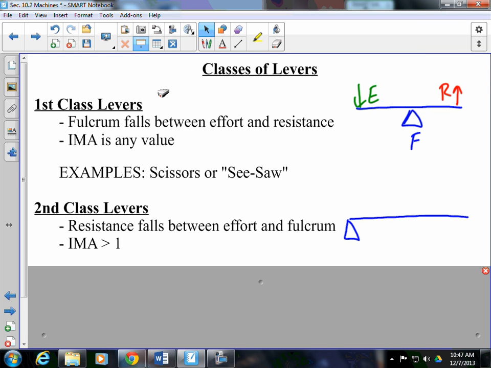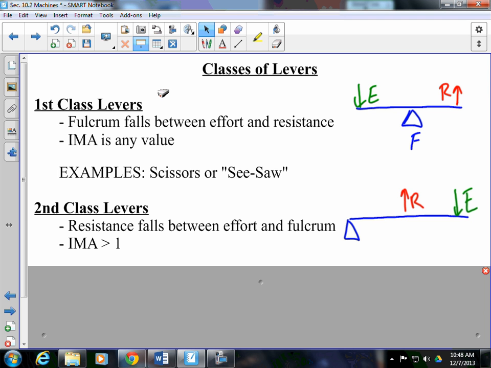So our resistance is in the middle, and our effort is on the end. Does anyone have any idea where a fulcrum's on the end? Our pivot point's on the end, our resistance is in the middle.